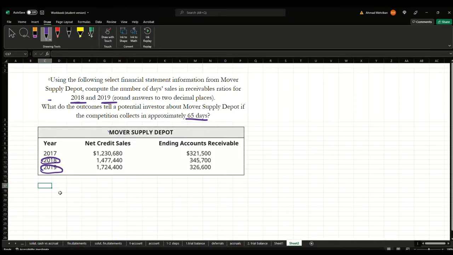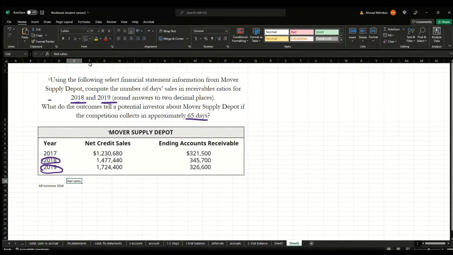Let me just type it in: AR turnover 2018. We need to divide net sales by the average accounts receivable. All we have to do is use this calculation to find the answer.